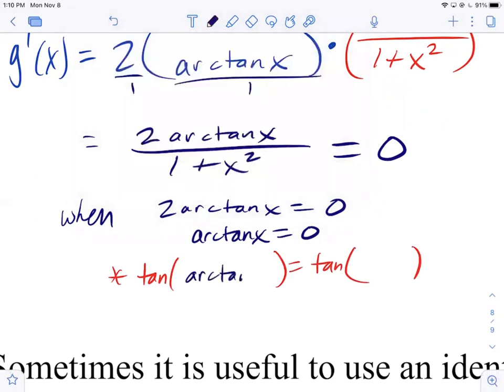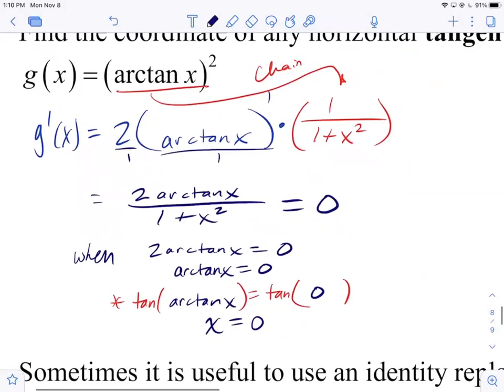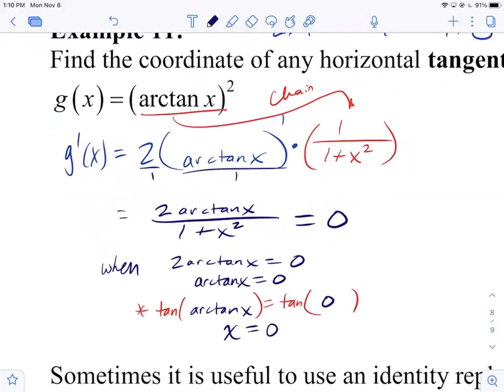It has to go in the front. It's an operation, so you'd have to put it in the front. And then what happens on the left? What is tangent of arctangent of x when you compose two inverse functions back to back? They undo each other. And now it's unit circle time. What is tangent of 0? 0. Kind of anticlimactic. And that's 0 radians, right?